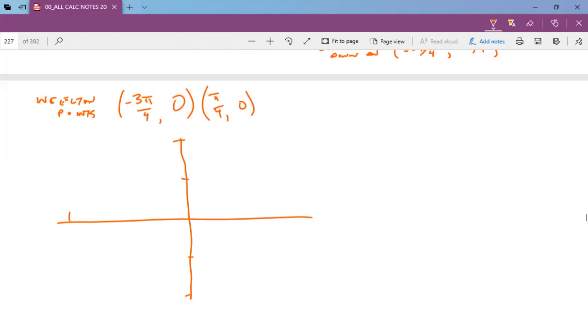We know I have endpoints, here is pi. It seems to be all of these in between points are pi quarters. So let's call this negative pi to positive pi. And we start to plot this out.